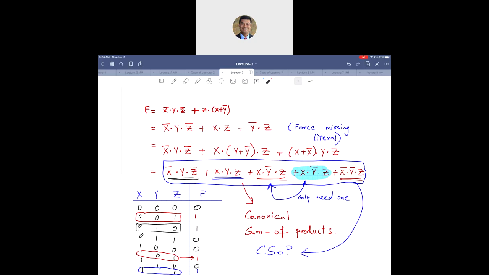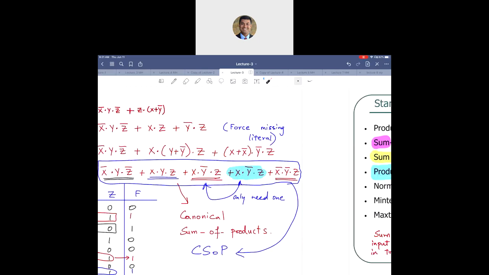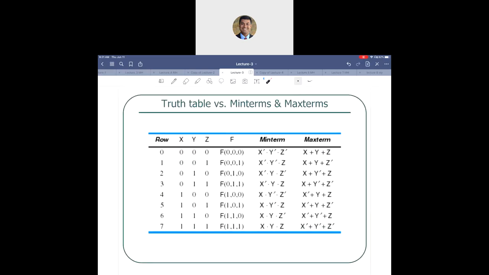That's exactly what we are going to do next. So instead of writing this complicated expression here, we are going to write it as a sum of minterms by essentially saying sum of those 4 entries in the truth table, indexed or referred to as their row numbers. That's where we are going next.